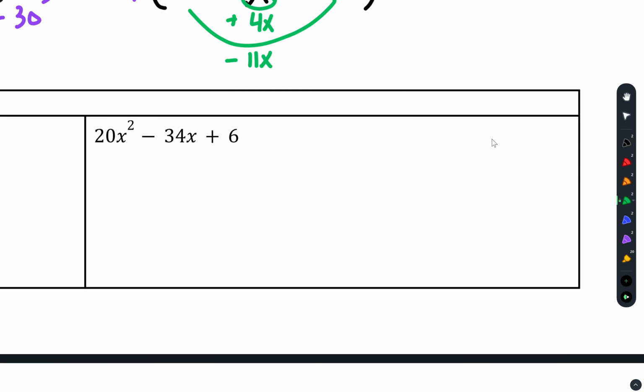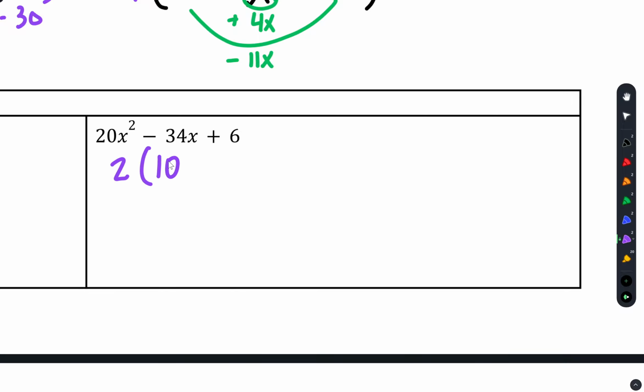Let's just do this one on the right side here. Okay. I need to take out a GCF. What's the GCF here? I can factor this some more because I know that this is a squared there.